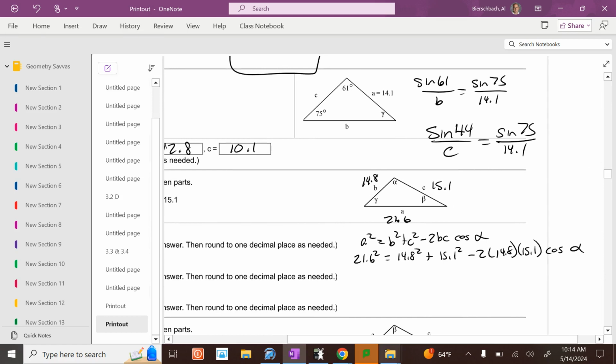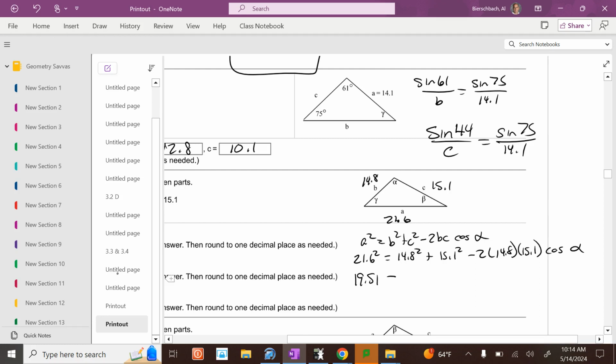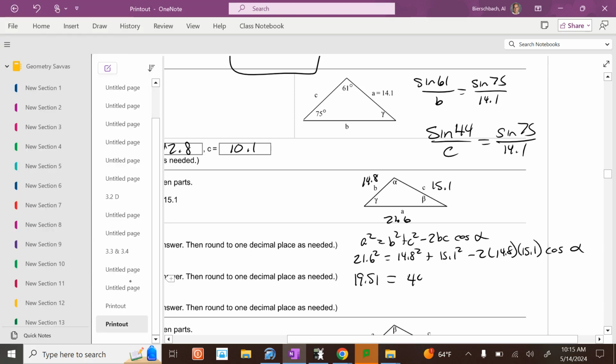So looking at this, I can take 21.6 squared minus 14.8 squared minus 15.1 squared, and I get 19.51 equals, then I take 2 times 14.8 times 15.1, that's 446.96, and it's negative cosine of alpha.